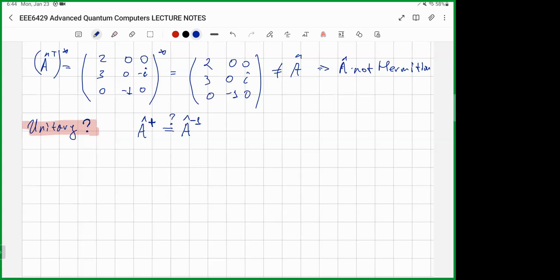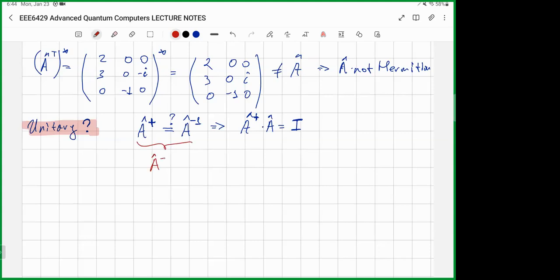This is by definition. From here we can simply check that the Hermitian conjugate times the matrix itself gives the identity matrix. I again remind you how we get this.